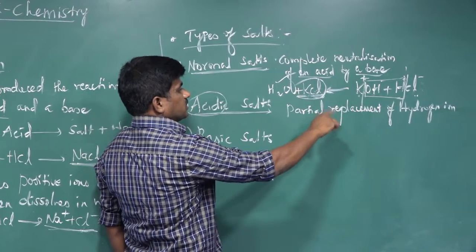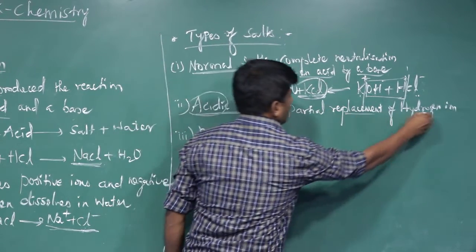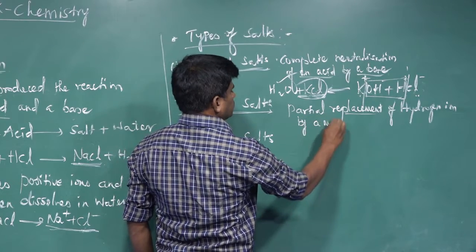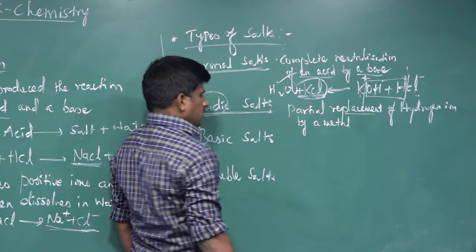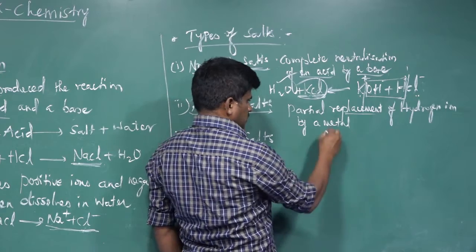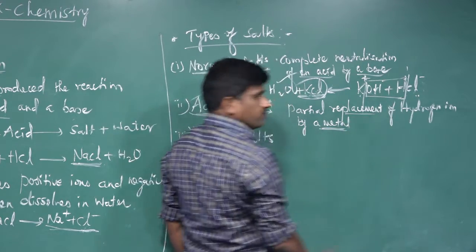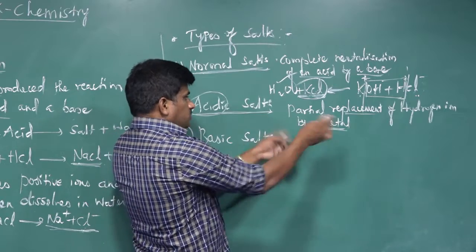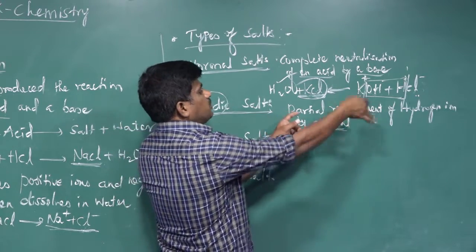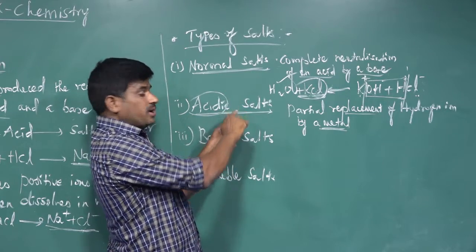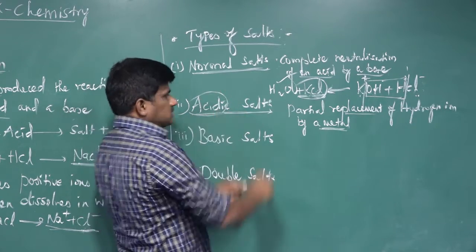This replacement of hydrogen ion is done by a metal present in the base. That metal replaces the hydrogen ion from an acid. Because of this partial replacement of hydrogen ion, a salt forms. Such a salt is called acidic salt.